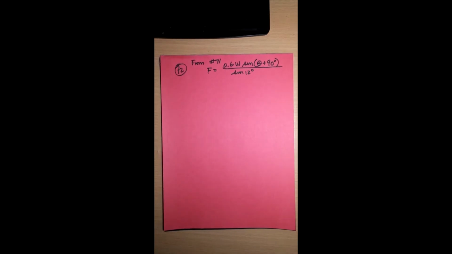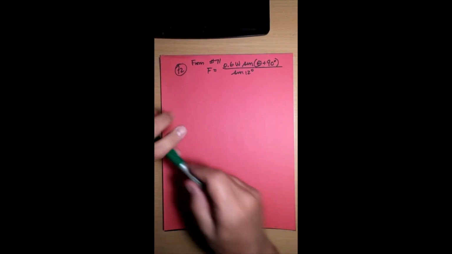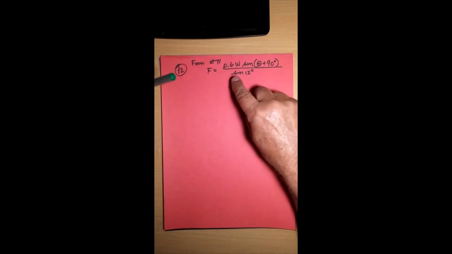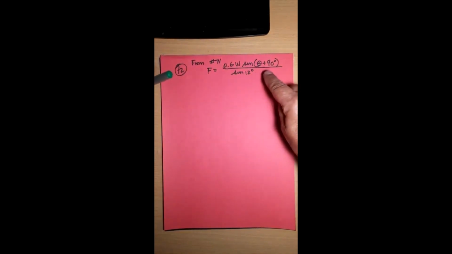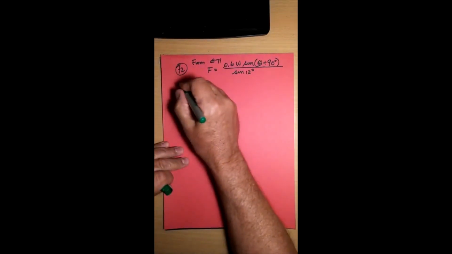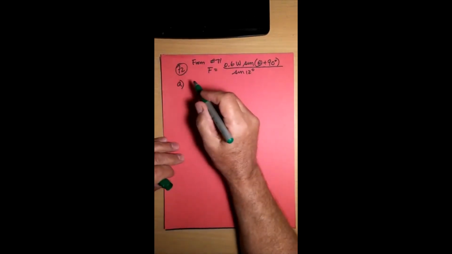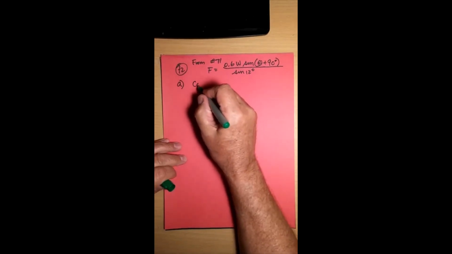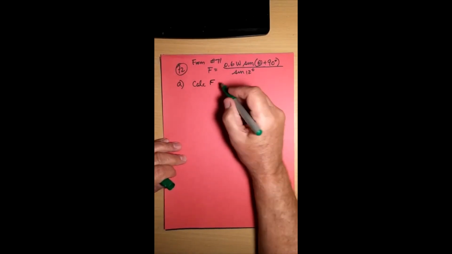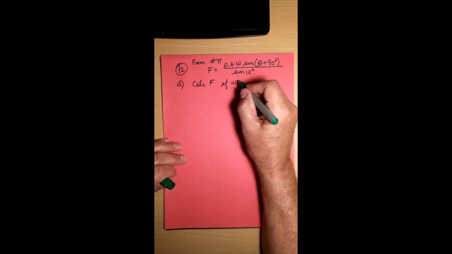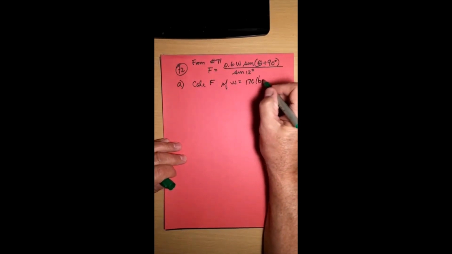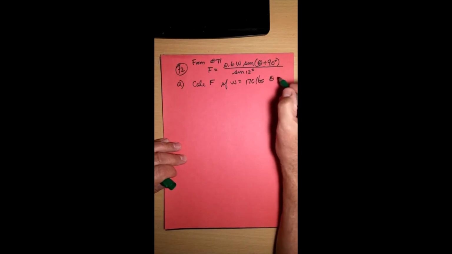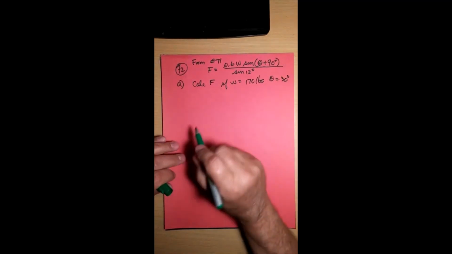Trig, section 5.4, example problem number 72. From number 71, we have this formula, F equals 0.6 W sine of theta plus 90 degrees over the sine of 12 degrees. For part A, we're supposed to calculate F if W equals 170 pounds, that's the weight of a person, and theta equals 30 degrees.